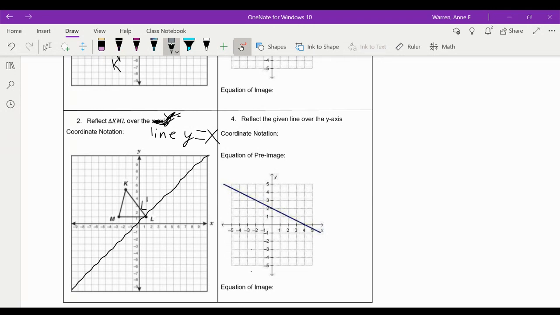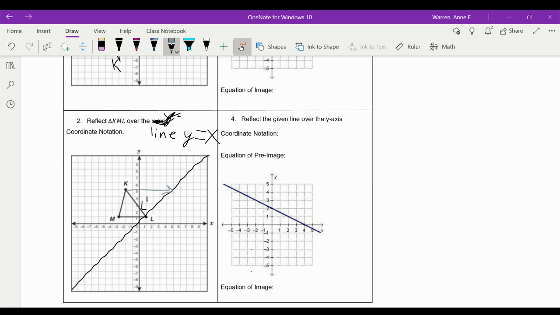So the way that I like to do it is that I just take the point K, and then I'm going to see how far do I have to move to the right to get to this line of reflection. So I'm just going to draw in an arrow. See, how many units does it take me to get to that line of reflection? And in order to do that, K had to go 7 units.